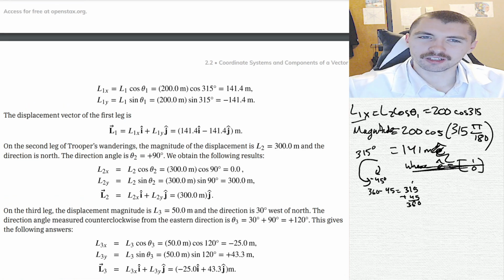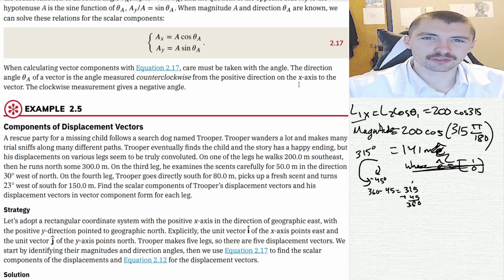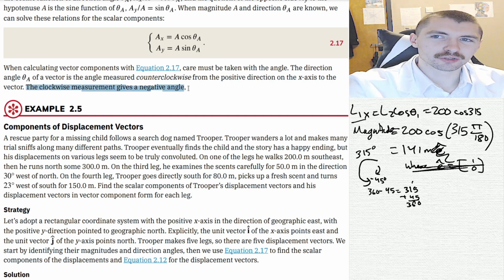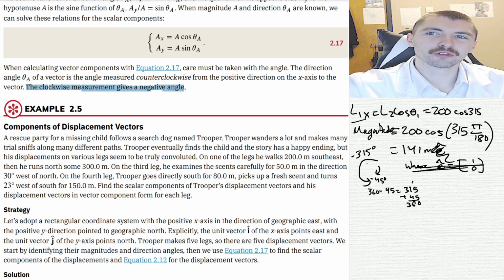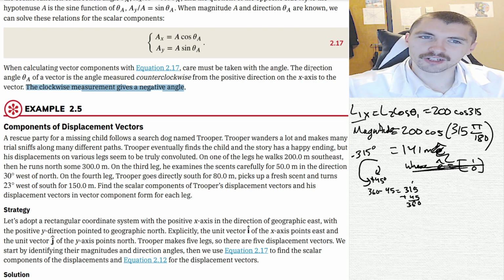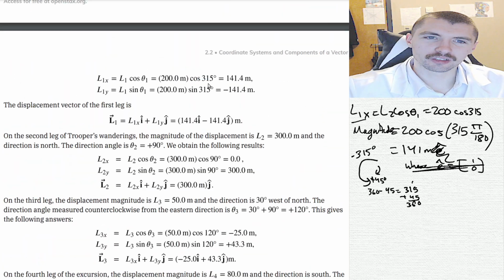So I don't really get why. Over here it says the direction of angle theta is measured counterclockwise from the positive x-axis, and a clockwise measurement gives a negative angle. So it's saying this is negative 315, and then this would be positive 45. But then when it writes it down, it's giving positive values. So I don't really understand what the book's saying.